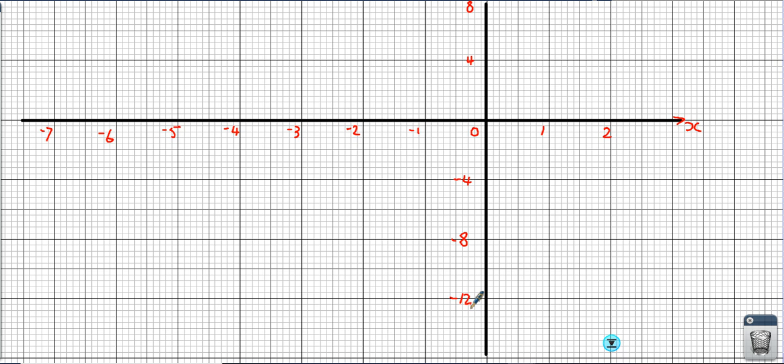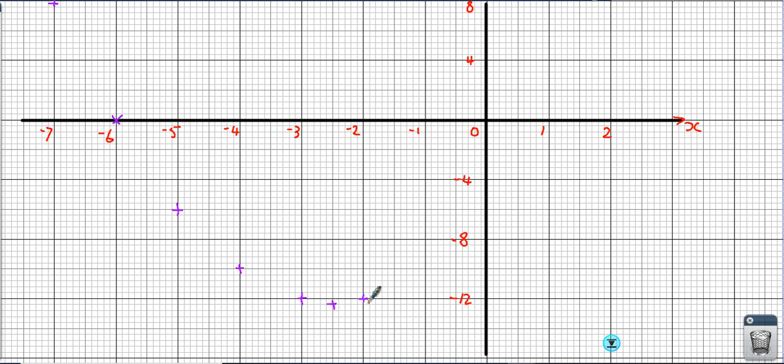So I had minus 7, which was 8. So that's my 8. I have minus 6, which was 0. Minus 5 with minus 6. Minus 4 with minus 10. Minus 3 with minus 12. Minus 2.5 with minus 12.25.